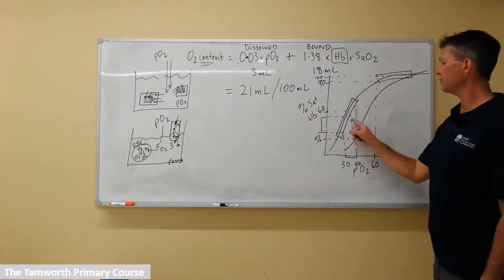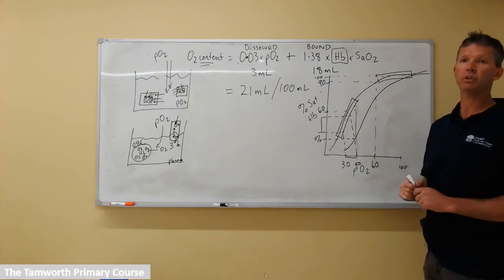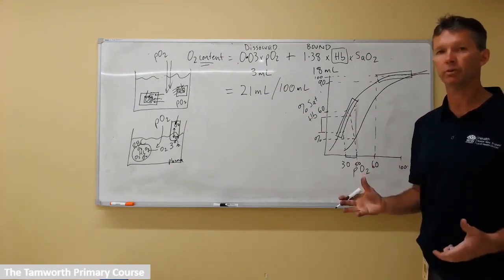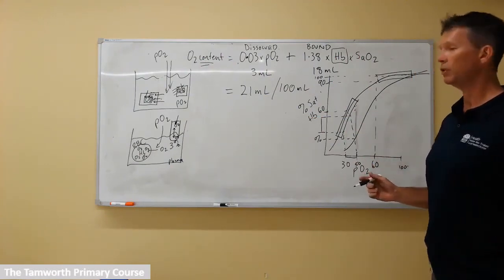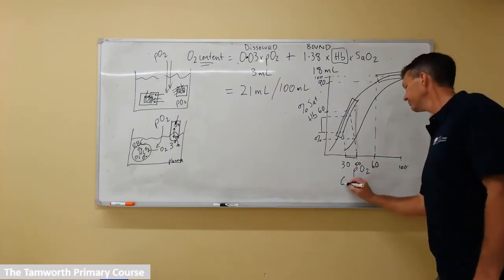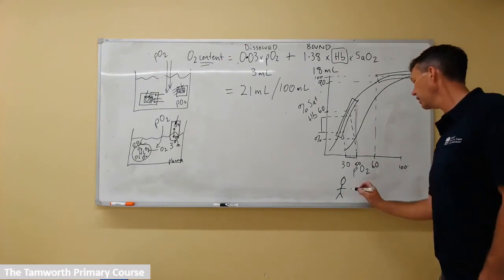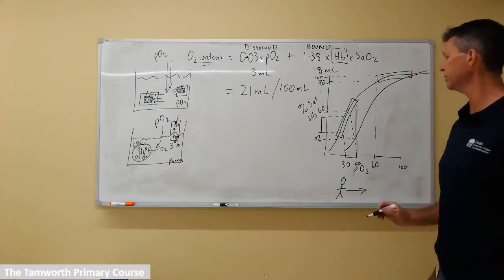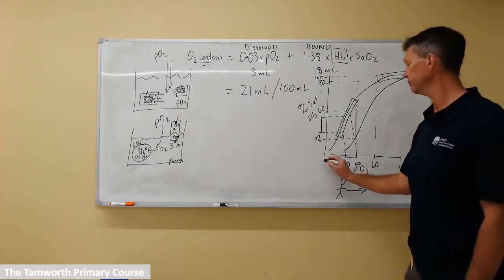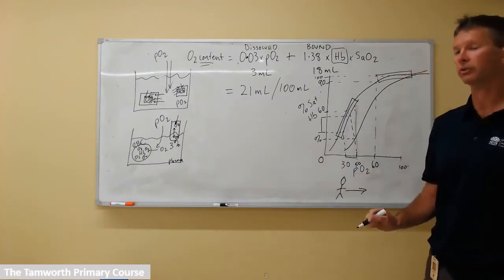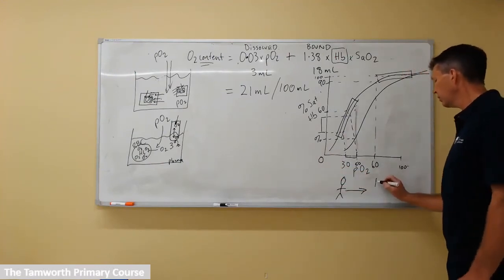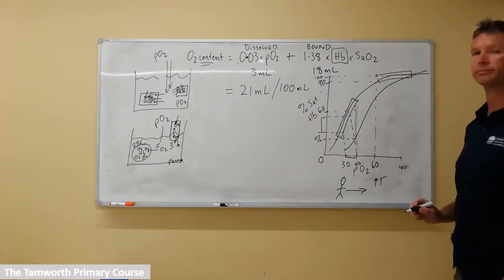Now, you'll be asked about factors which move this curve. They're really simple to remember. If you think about a person doing exercise, they're associated with a few things. If they run away from the origin, or the 0 point on your curve, they will be creating heat.